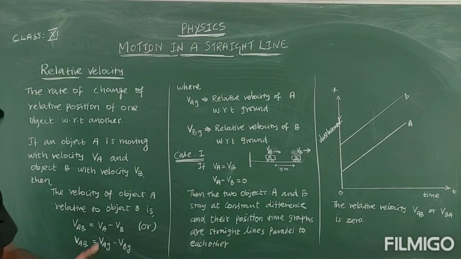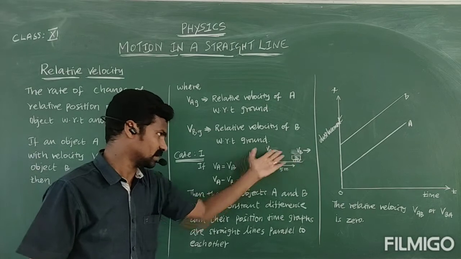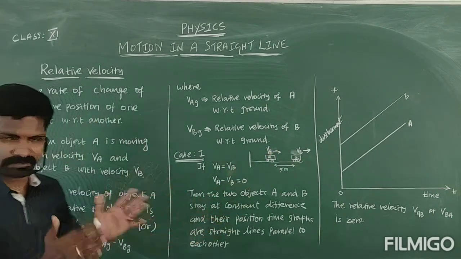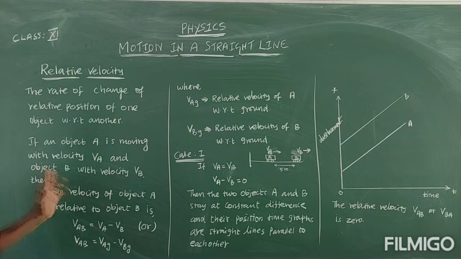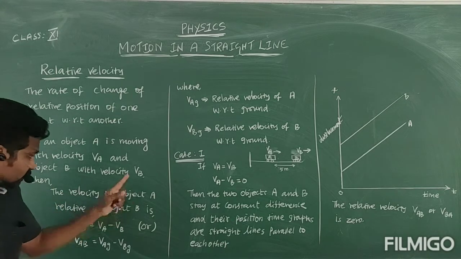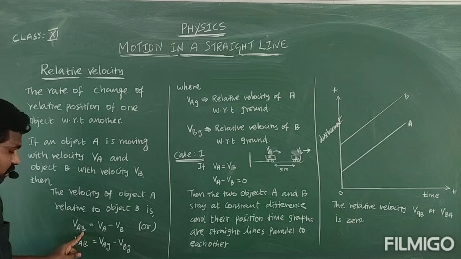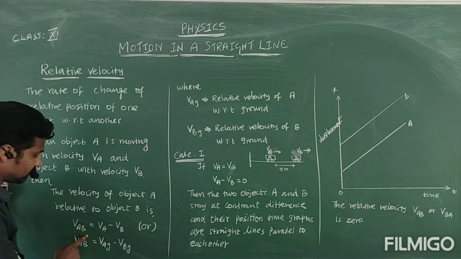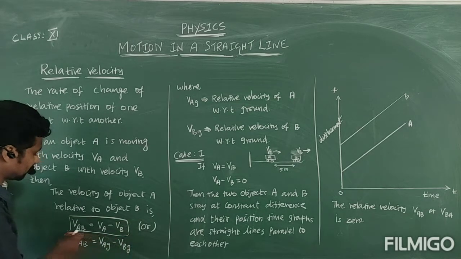VA velocity, VB velocity, it may be 50, 60 or otherwise 20, 40, anything. Simply we set VA and VB as velocities. Then how to say the relative velocity? The relative velocity of object A relative to object B, that is VAB, is equal to VA minus VB. This is the general formula for relative velocity.